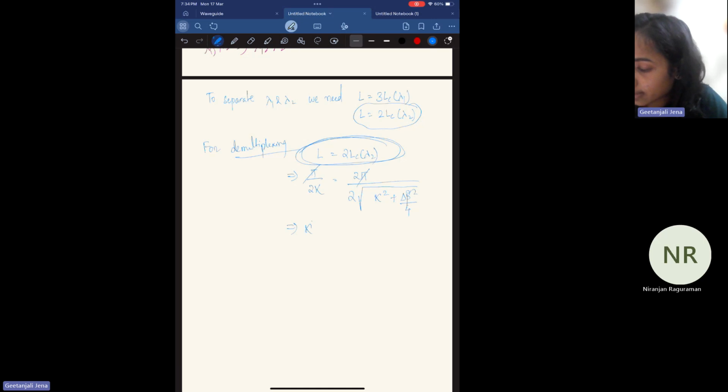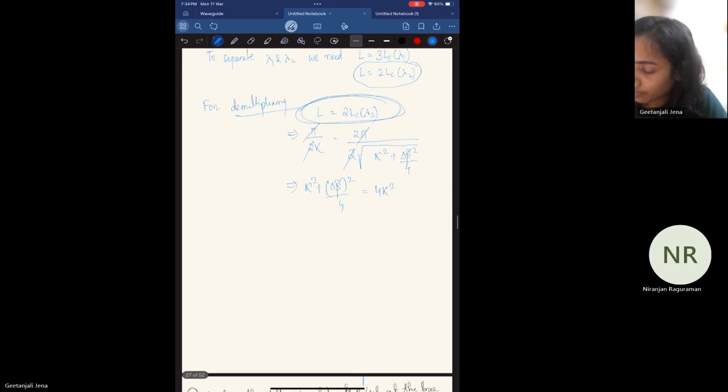So if I rearrange, this is kappa square plus delta beta square by 4. 2 will cancel. So we'll get 4 kappa square equal to kappa square plus delta beta square by 4.